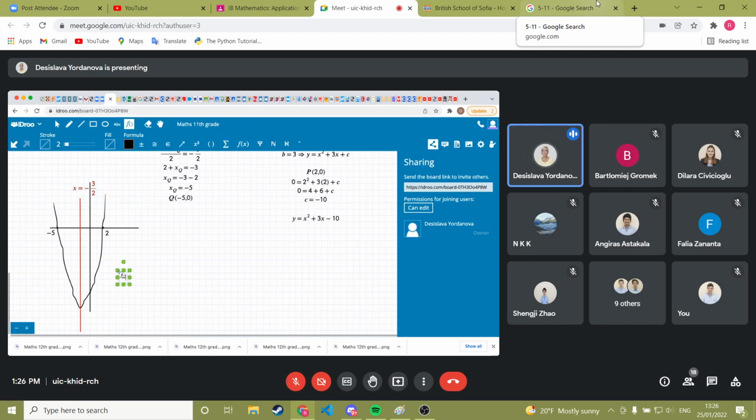The y-intercept, -10, sorry. Y-intercept here. That's in general what you're supposed to do for the last one.